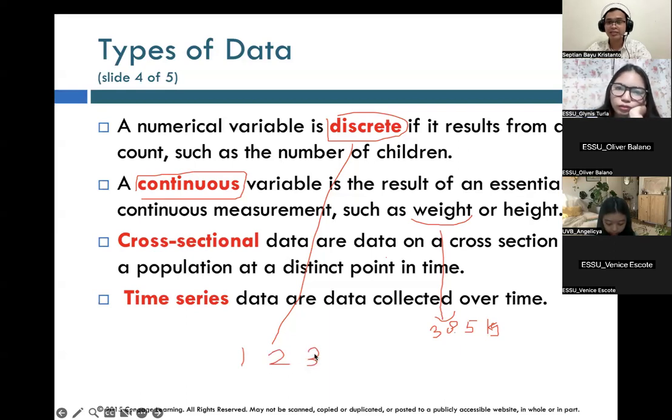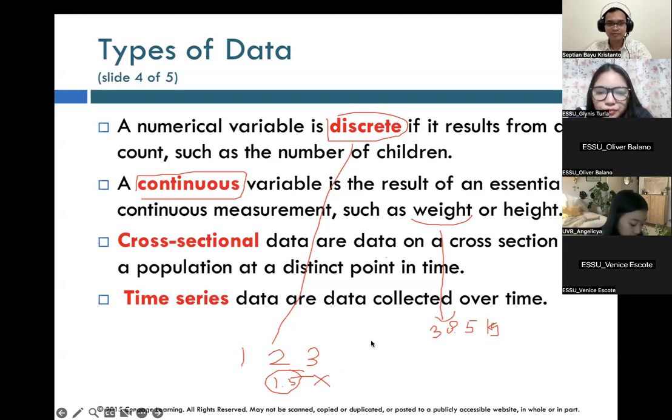So this is a discrete number. We cannot say that I only have 1.5 children. That is not possible. So the discrete we cannot express with decimals or with continuous measurements. I hope it is clear for you.